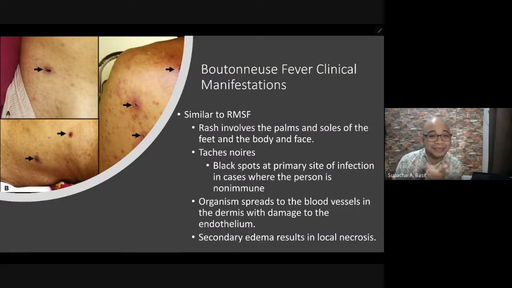I'm not sure with this one, but I'm sure with this one. This one is pronounced as noire, tache noire, and noire means black in French, because it is characterized by black spots at the primary site of infection in cases where the person is non-immune, meaning to say the person has not yet developed antibodies against this particular type of bacteria. So this is the blackening tache noire.